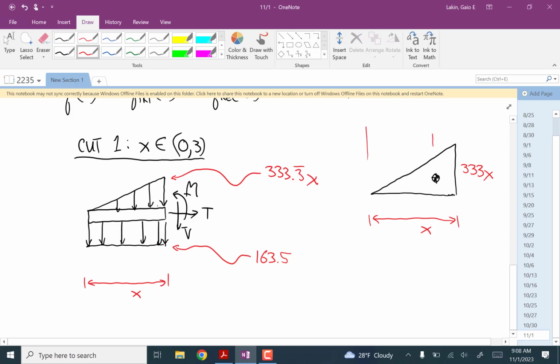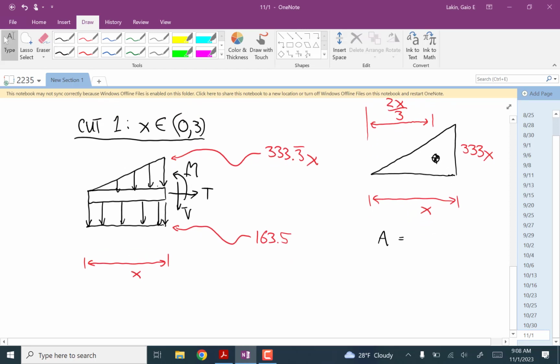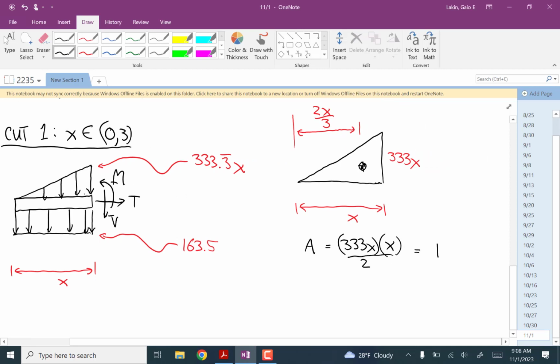We know that the location of the centroid is 2/3 of the whole base of the triangle, so this is 2x over 3. And the area is just the area of a triangle, 333x, the height times the base divided by 2. So that's 166.6 repeating x squared.